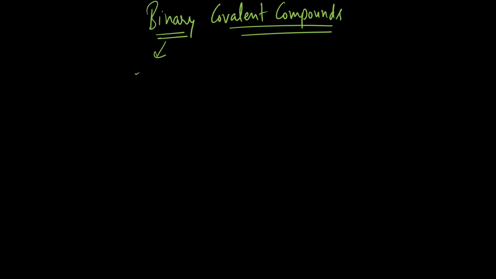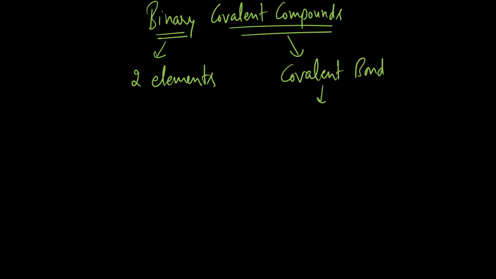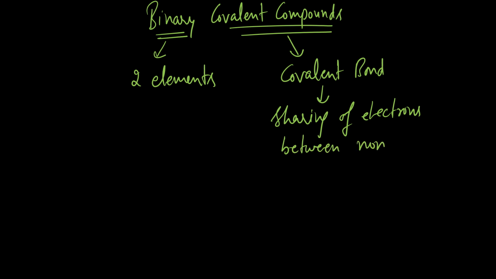So binary represents specifically two elements, and a covalent compound should have a covalent bond. And we know that a covalent bond gets formed by sharing of electrons between non-metals. So let's see some examples of this.